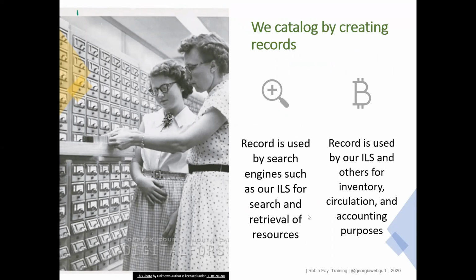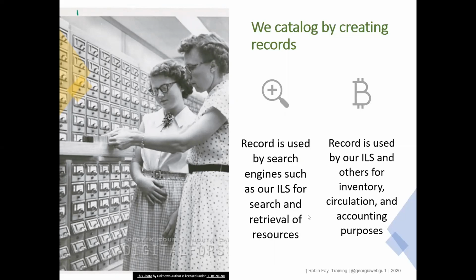Our records, so we create records, and at one point our record, so really our documentation of that resource that we own, lived in the card catalog. That was a record. Now, it was not an electronic record, it was a print record, right? But it was still a record of what we held or what we owned as libraries. So that's what the card catalog was used for in terms of inventory purposes.